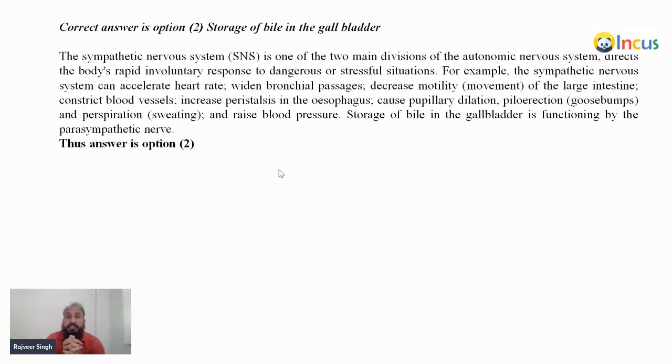For example, it can accelerate heart rate, widen bronchial passages, decrease motility movements of the large intestine, constrict blood vessels, increase peristalsis in the esophagus, cause pupillary dilation, piloerection, goosebumps, perspiration, sweating, and raise blood pressure. Storage of bile in the gallbladder is functioning by the parasympathetic nervous system. So answer will be second.